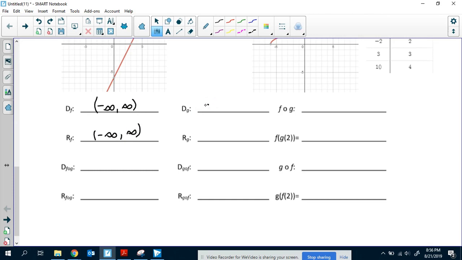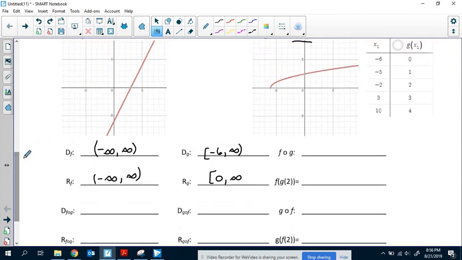The domain of g, I have a bracket -6 to infinity because I can substitute in -6, but nothing less. And then the range, if I look at the graph, 0 to infinity comes out. If I look at f of g, that's f of g of x.